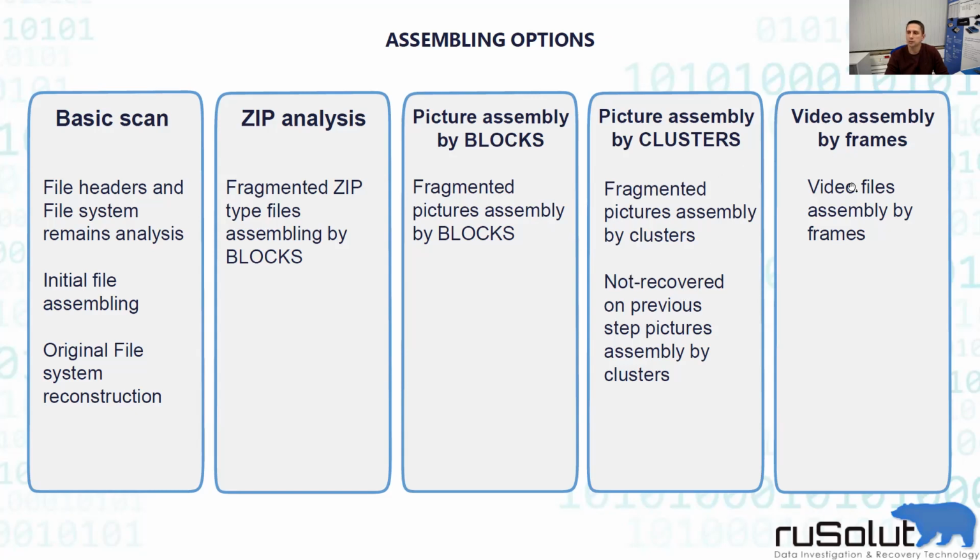And the last mode here is the video assembling by frames. This scan is used for assembling video files by frames. The algorithm looks for all frames from the dump, and then tries to rebuild good videos from those frames.